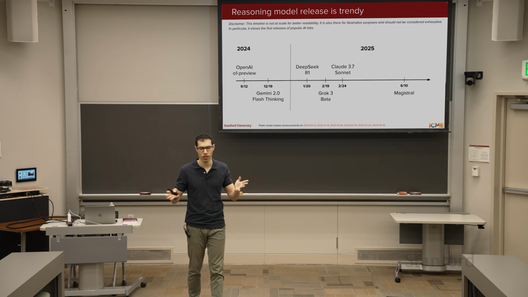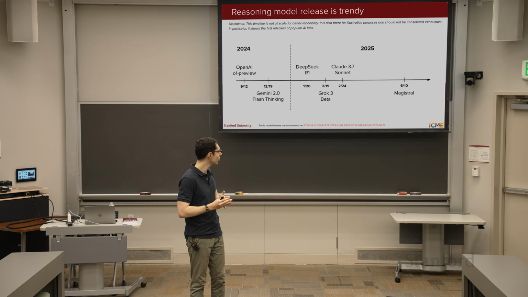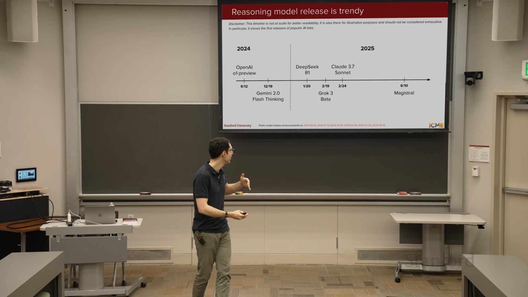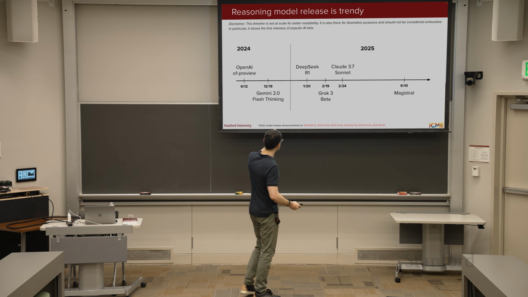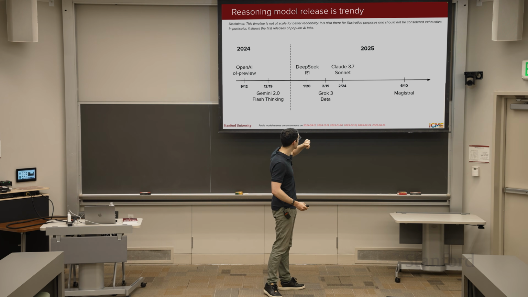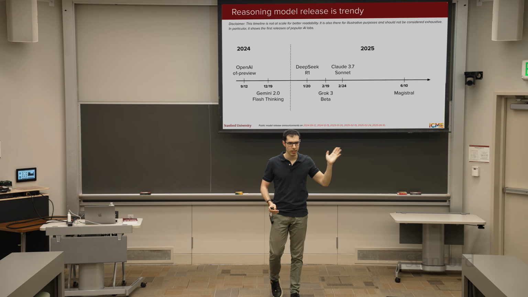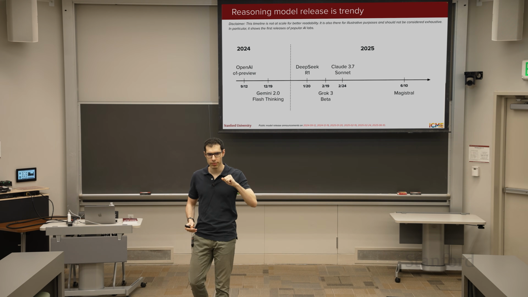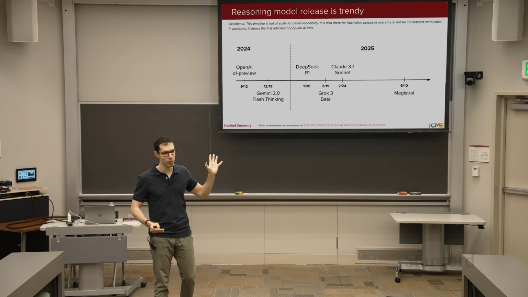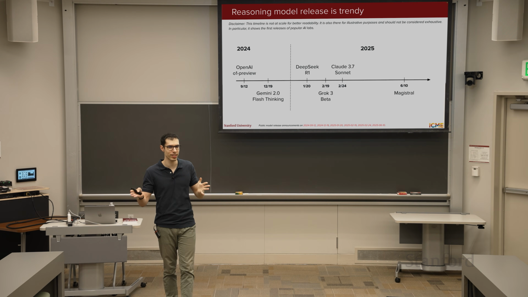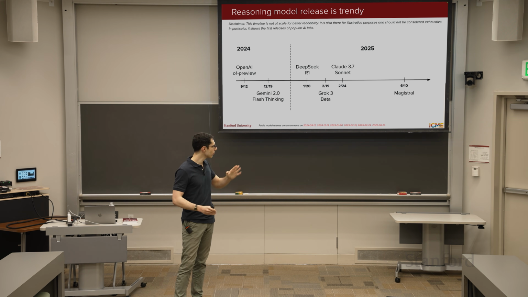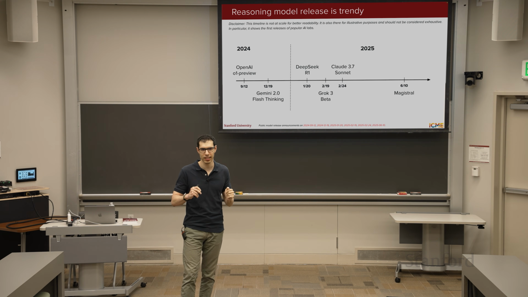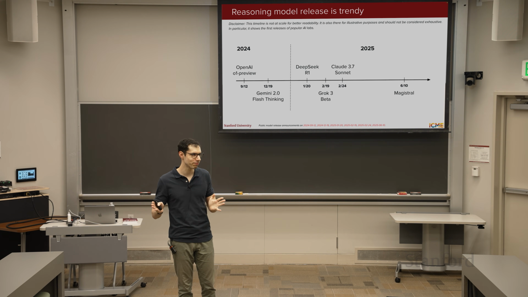After that, all of these other models also had reasoning abilities added, from xAI, from Anthropic with Claude, and from other labs as well, including Mistral. This timeline is not exhaustive, but it shows how recent these models are. One thing to keep in mind is that it basically started at the end of 2024.